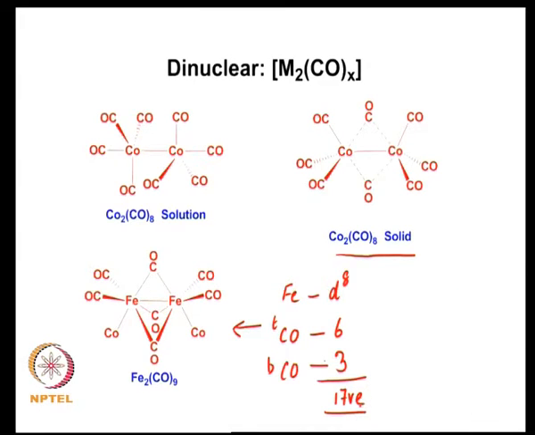So, as I mentioned earlier, since we are 1 electron short of the magic electron count of 18, you tend to form an iron-iron bond, which will involve sharing of 1 electron from each of these iron atoms, so that a total valence electron count of 18 can be achieved.